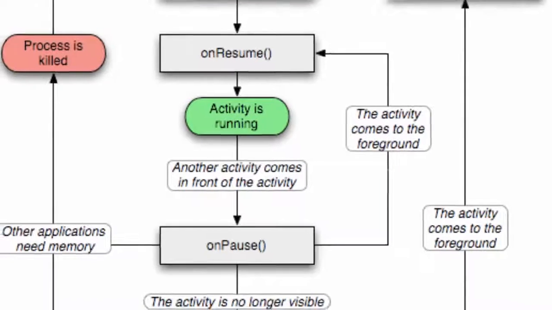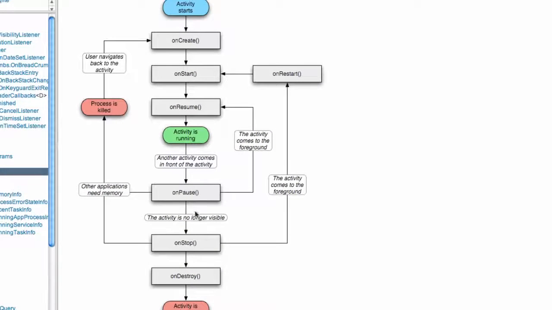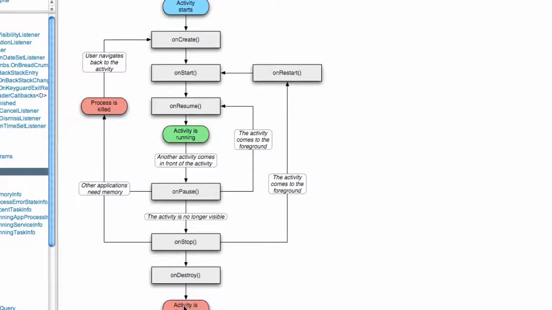So the only method from our activity class that we are familiar with is this onCreate method. But we're going to use some of these other methods as well. What I want to show you guys is that we're going to use this onCreate method, but the only other two methods that are really important for the most part are this onPause method and this onResume method, because even if our activity gets destroyed, it's going to go through this onPause method before it goes through these methods as well.